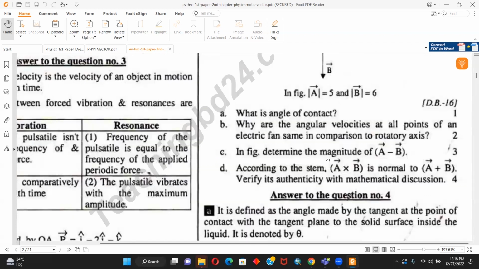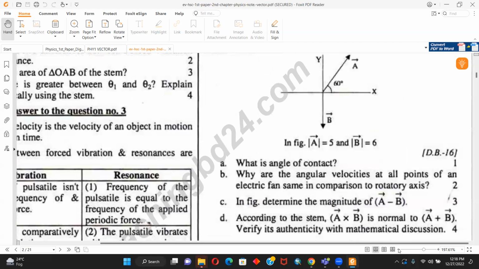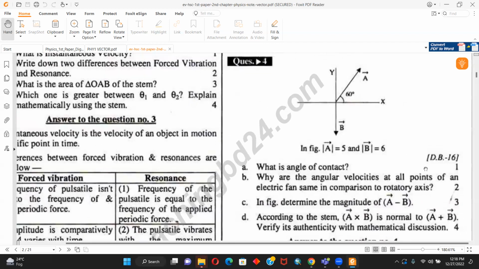Let me see. Okay, this one. What is the question? In the figure, determine the magnitude of A minus B. Be very careful here. A vector minus B vector, how can we get it? As you can see, the angle between A vector and B vector is 150 degrees.